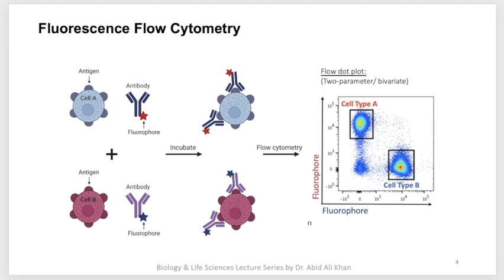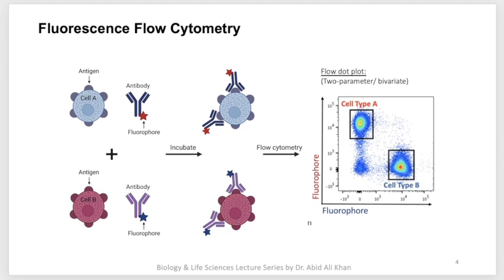Now, the next goal is, when we have proper incubation, we want to know, in a mixed sample of cell A and cell B that are treated with antibody A and antibody B with different fluorophores, how many of cell A and how many of cell B have these antibodies attached to these antigens.